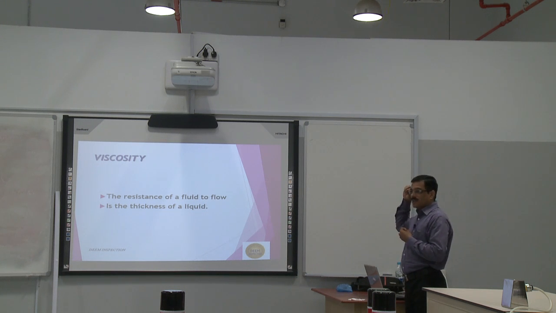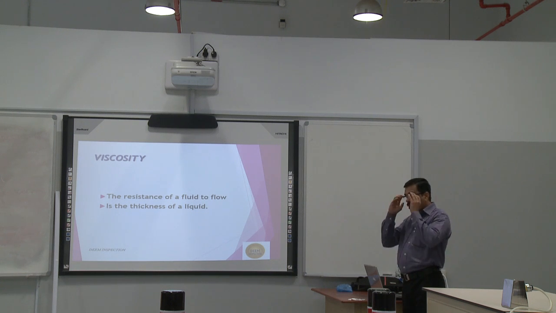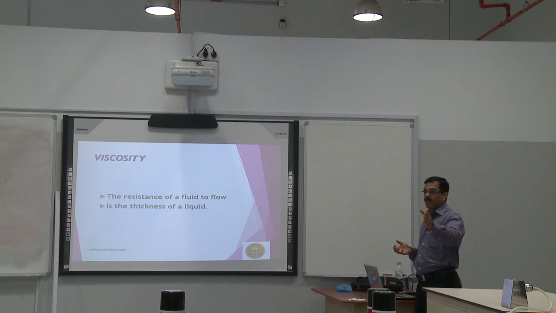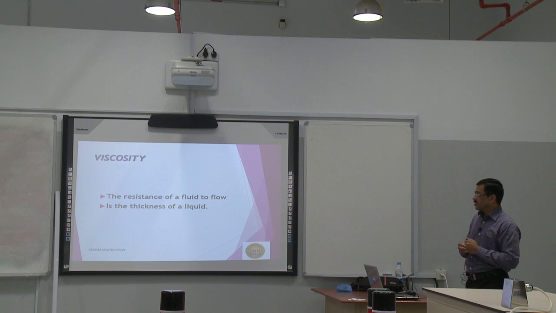Capillary action means a liquid can enter or climb into an opening, and it should have some viscosity, some resistance to flow. It cannot flow like water, and there should be some contact angle and some contrast ratio. Depending on this penetrant nature, we carry out the penetrant testing process.